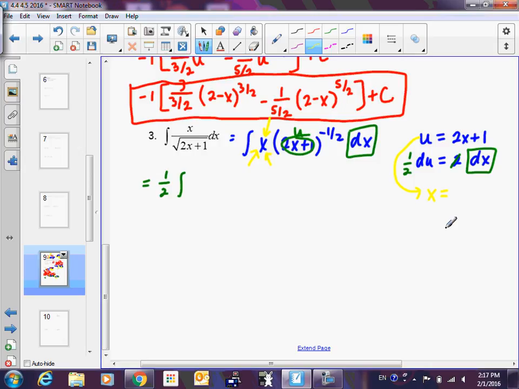If u equals 2x plus 1, what is just x? And I'm going to write this 2 different ways.